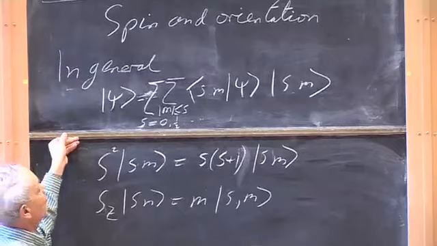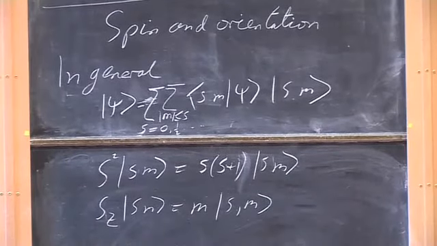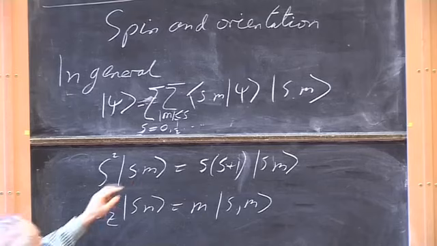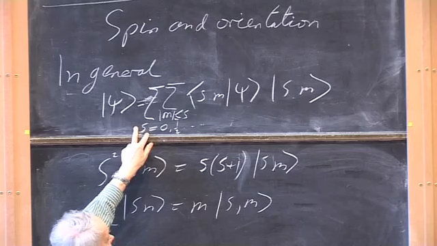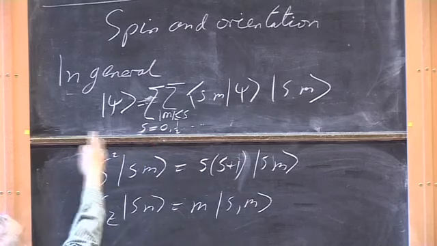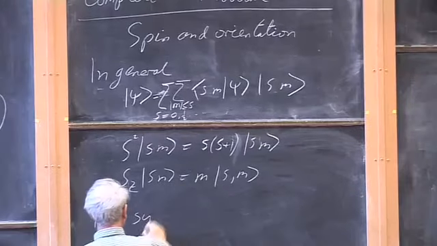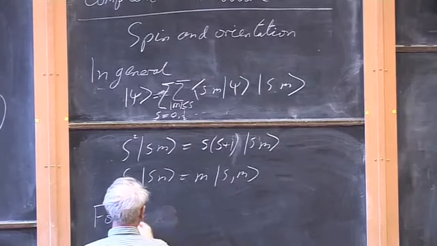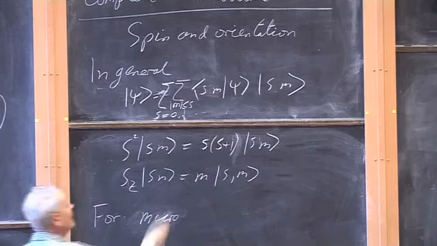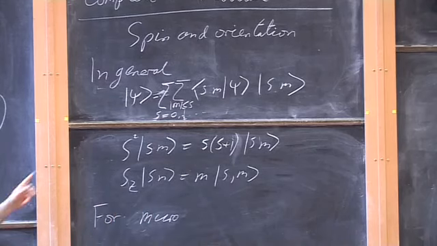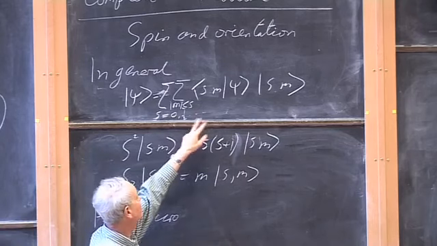But for the wave functions or the states of real occurring systems in the laboratory, the good news is there's only one value of S that will occur in this sum. So this would be generally the case, but for microscopic systems in the lab, this wouldn't be true. If we were talking about a cricket ball, we would need to do a sum over all of these things, up to 10 to the 40 or something.